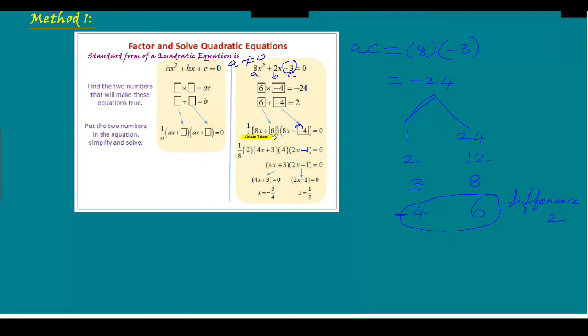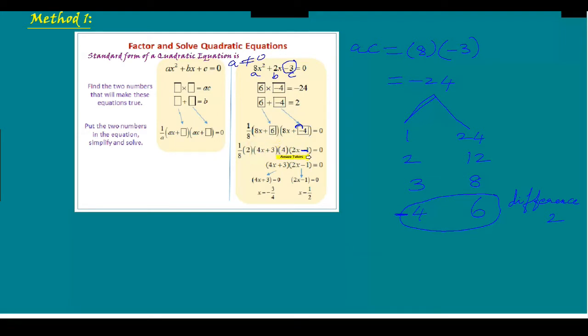I'm taking the highest common factor from each binomial, from each bracket. From the first bracket, 8x plus 6, 2 is common. Take 2 out and write the remaining terms here, which will be 4x plus 3. And now again, from this bracket, the greatest common factor is 4. Take that out, write it with brackets without missing.